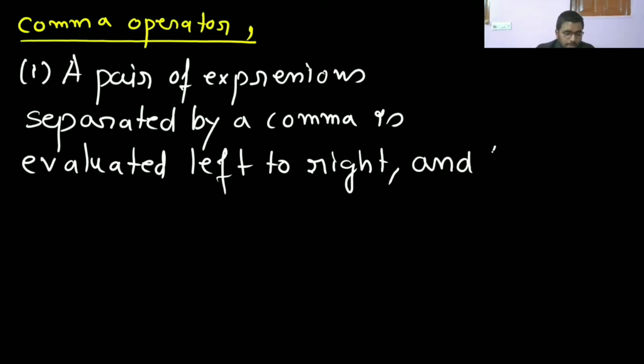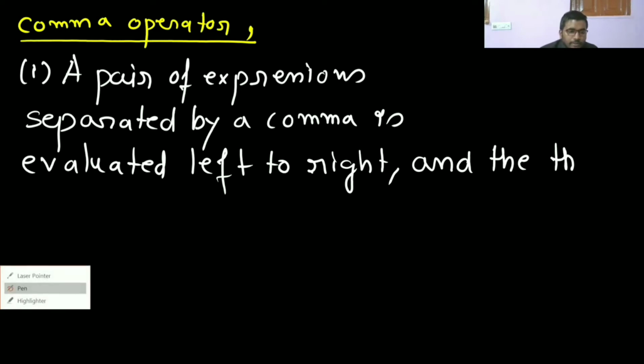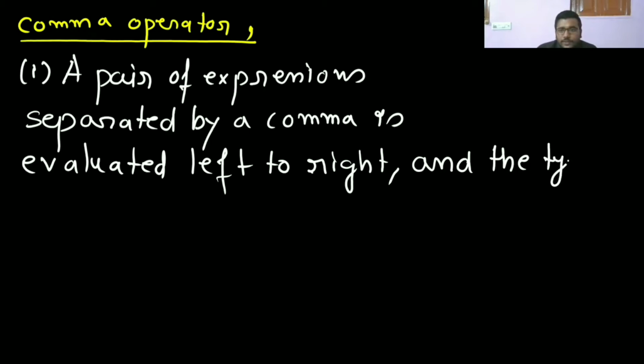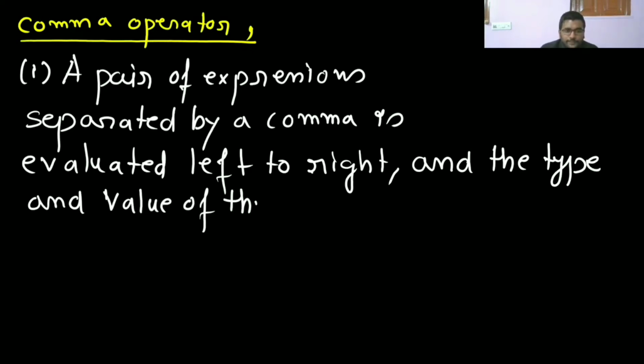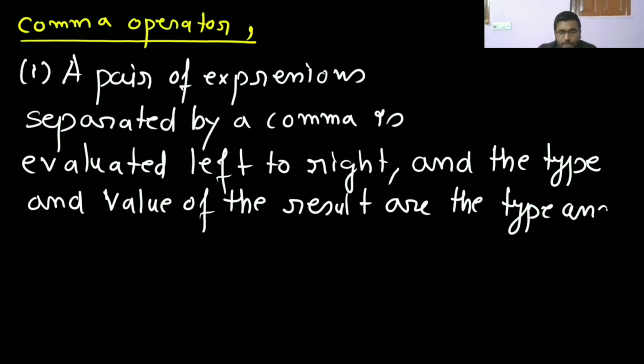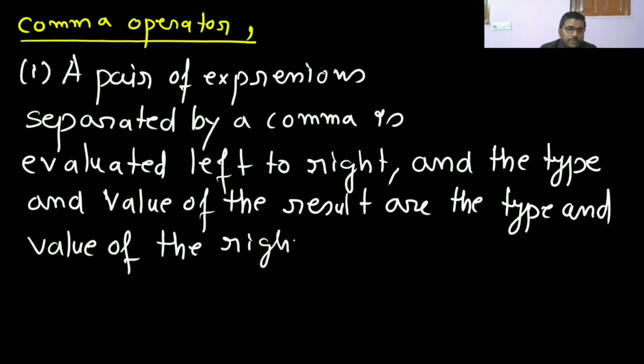And the type and value of the result are the type and value of the right operand.